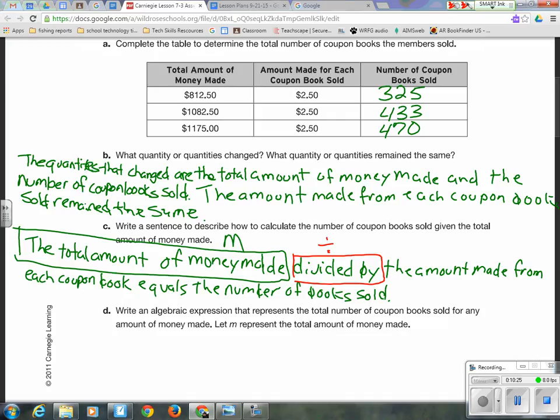That's our constant, isn't it? That's something that never changes. So the amount made from each coupon book is always what? It's always what? $2.50. So we write 2.50.